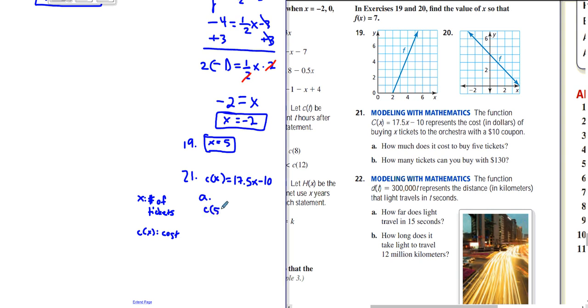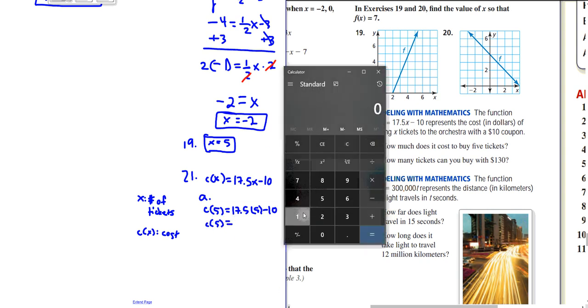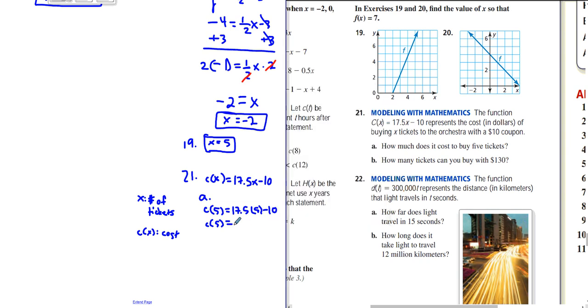So C of 5 equals 17.5 times 5 is 87.5, and then we're going to subtract out the 10, so C of 5 is 77.5.